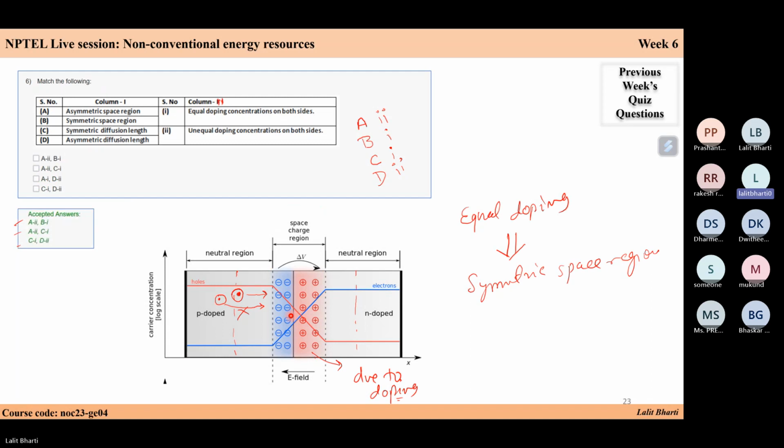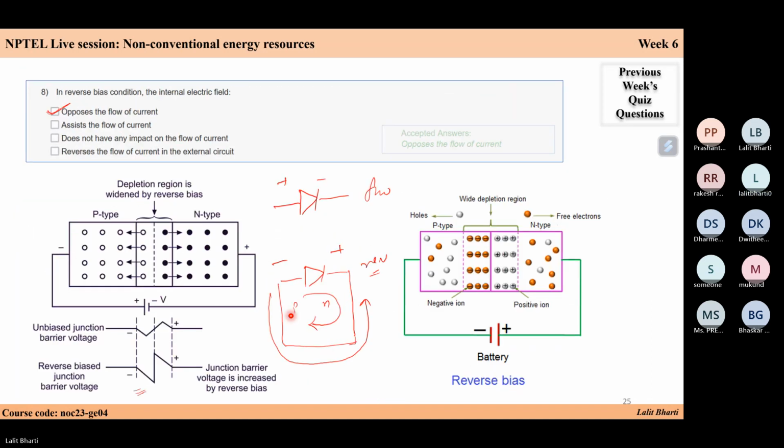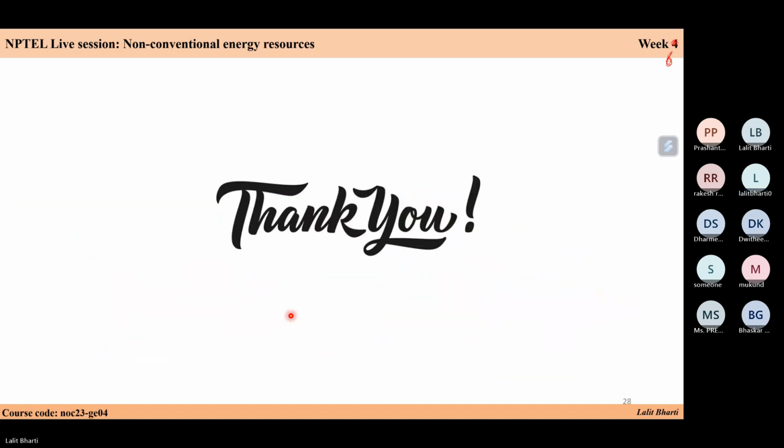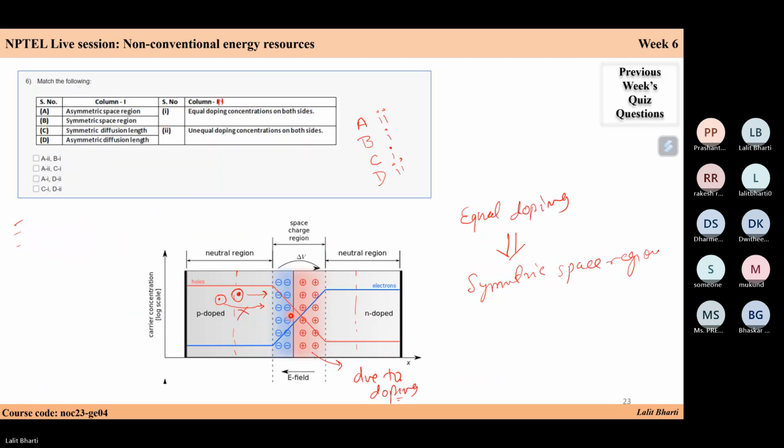Okay, we have more questions. So this is done. The sixth question is we need to just match the things. Asymmetric space region, symmetric space region, symmetric diffusion length, and asymmetric diffusion length. Your space region and your diffusion length depend on the doping.